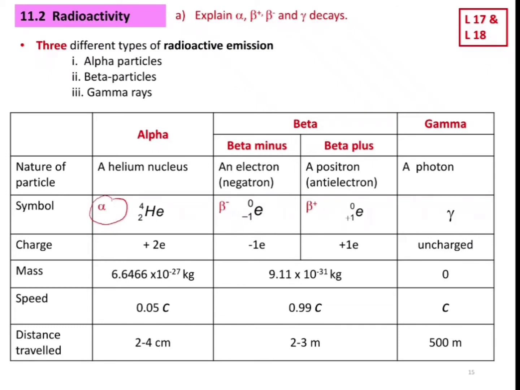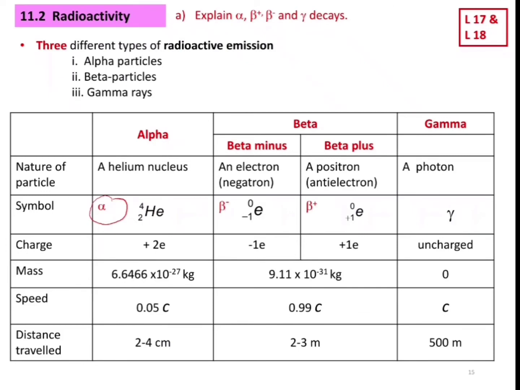Helium-4 has charge positive 2. Mass is 6.6466 times 10 exponent negative 27 kg. Its speed is 0.05 c, where c is the speed of light. And the distance traveled is between 2 and 4 cm.